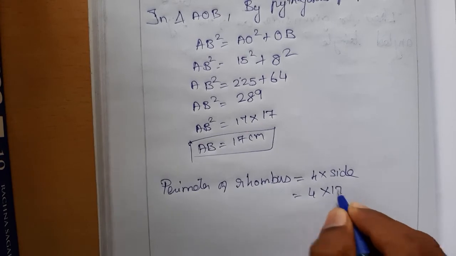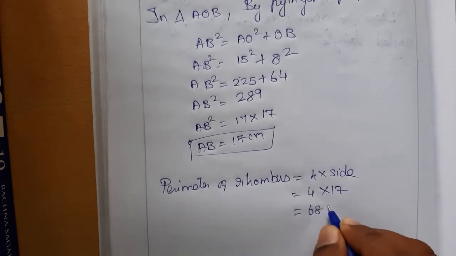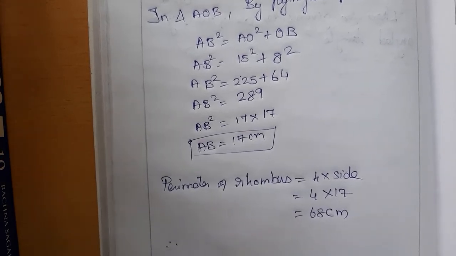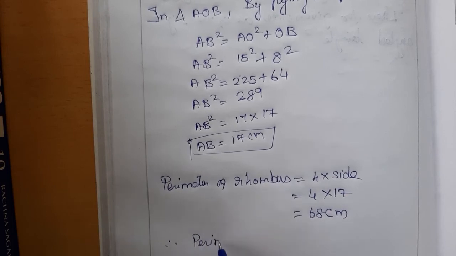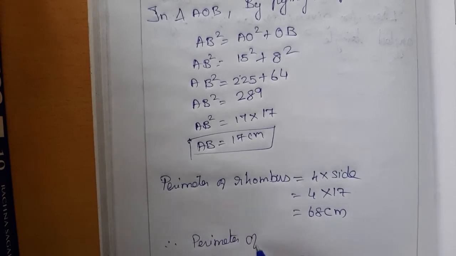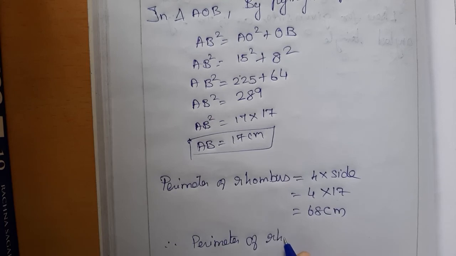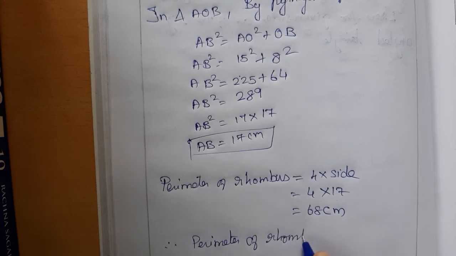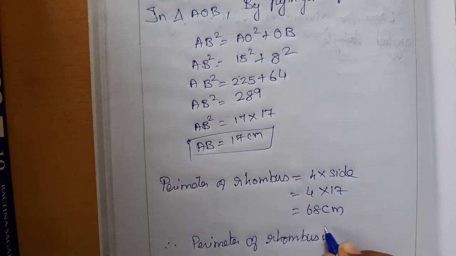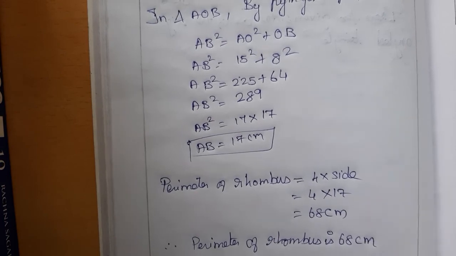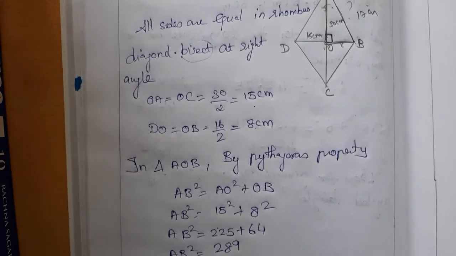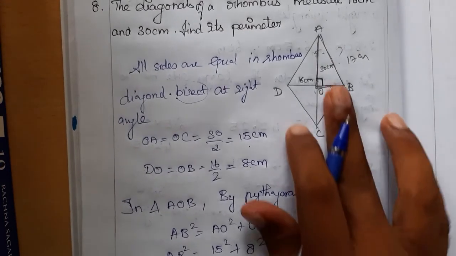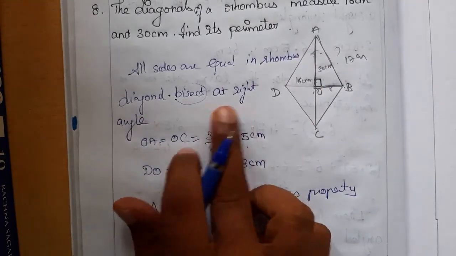So 4 into 17 is equal to 68 centimeter. Therefore, the perimeter of the rhombus is 68 centimeter.